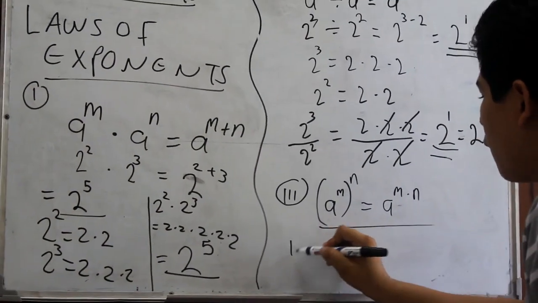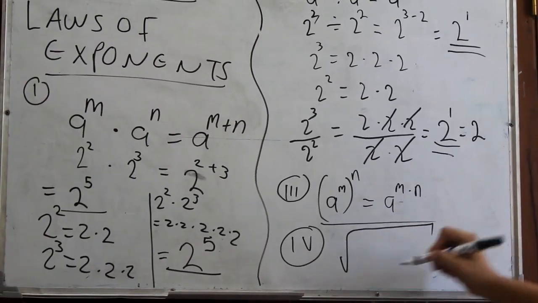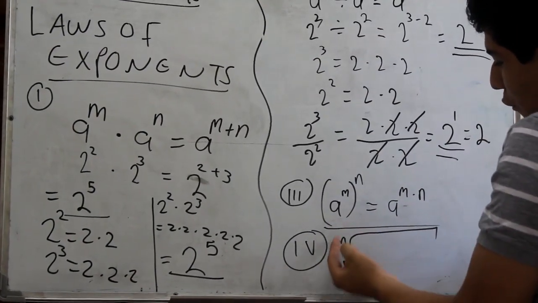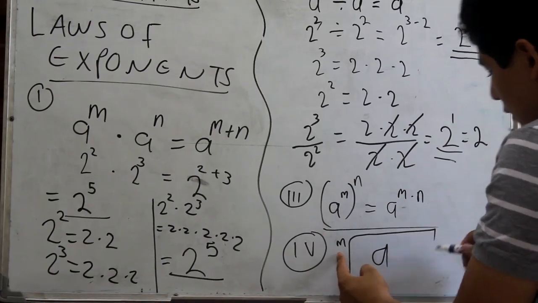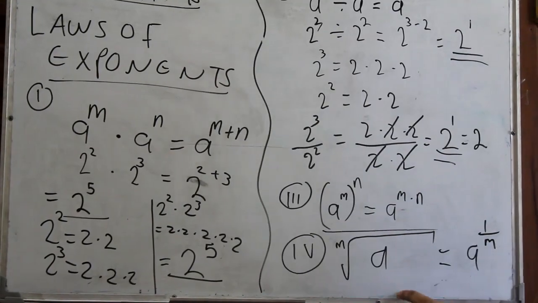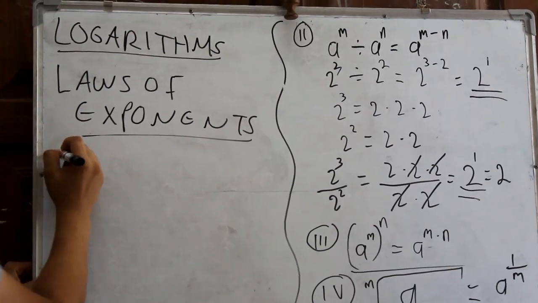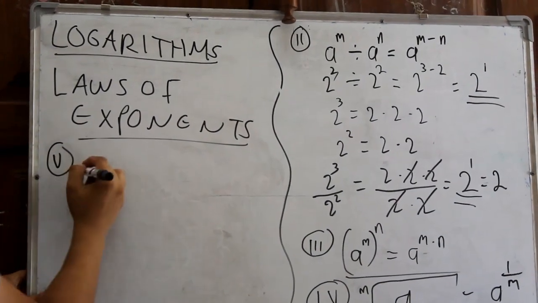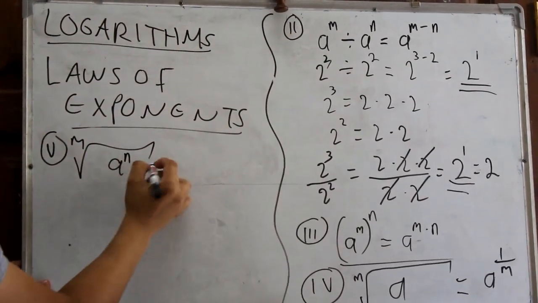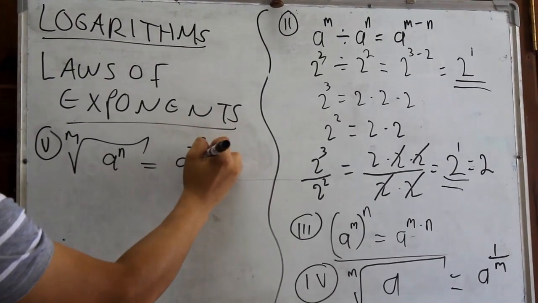There is another rule, the fourth rule, that says that if I have an nth root of a, I can represent it by means of a^(1/n). This rule is going to be, if I have the nth root of a^m, the answer is going to be a^(m/n).